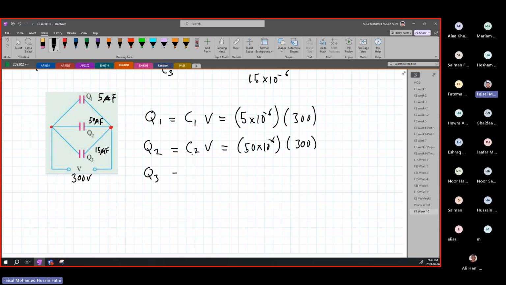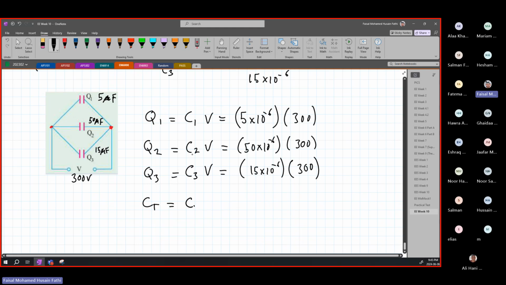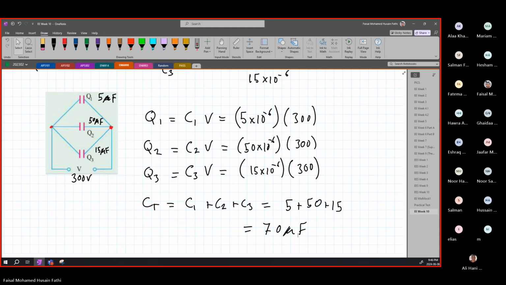And then Q3 equals C3 times V, which is 15 times 10 to the minus 6 times 300. Okay? And that's it. If the question asks for C total, it's just C1 plus C2 plus C3, so 5 plus 50 plus 15, which is equal to 70 microfarads.